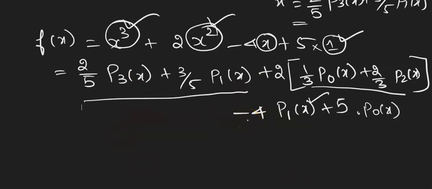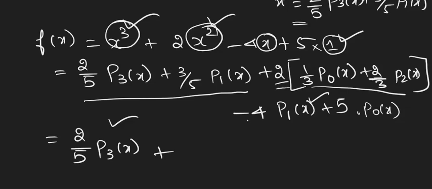So now we are going to rearrange the terms. 2 by 5 into P3 of x. There is only one P3 of x. But P2 of x, if you see, 2 into 2 by 3 P2 of x. So it is nothing but 4 by 3 into P2 of x.